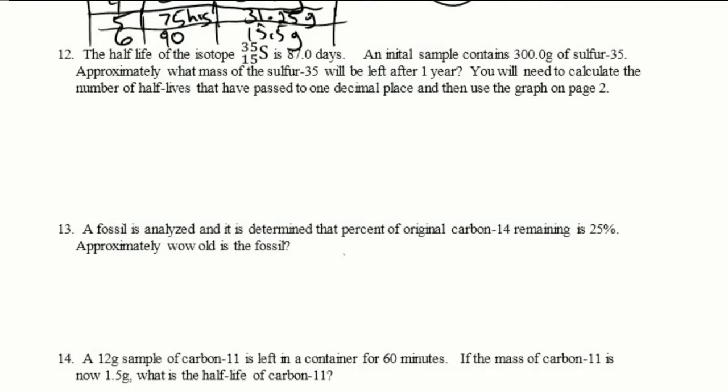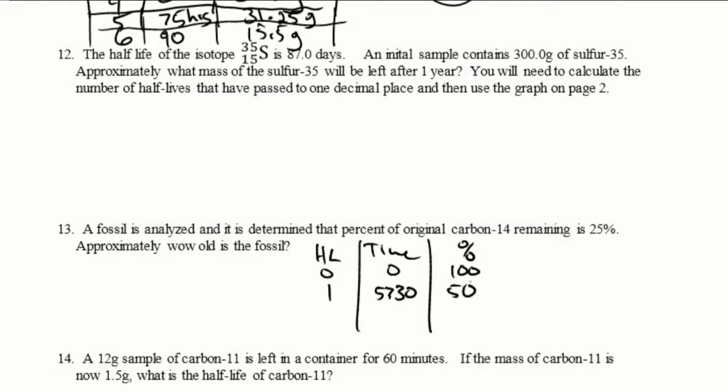So let's do the same chart as we did up above. Half-life, time, and this one we're dealing with percentage. So 0 half-life, 0 time, I have 100%. 1 half-life, 5,730 years, I have 50%. 2 half-lives, 11,460 years, about 25%.